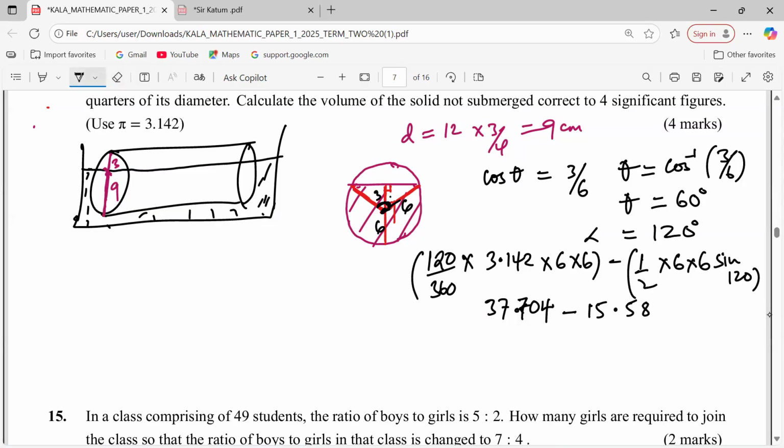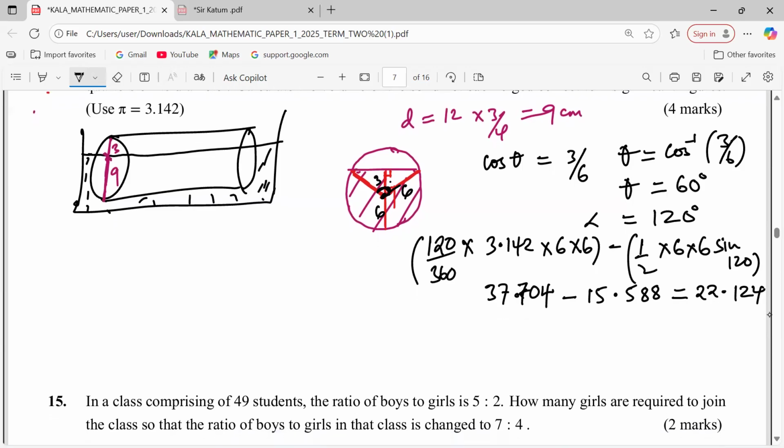So 37.704 minus 15.588 gives us 22.124. That is now the area of the circle part which is not submerged.